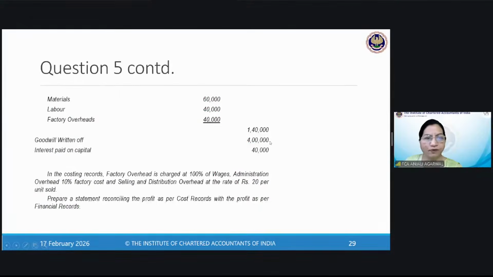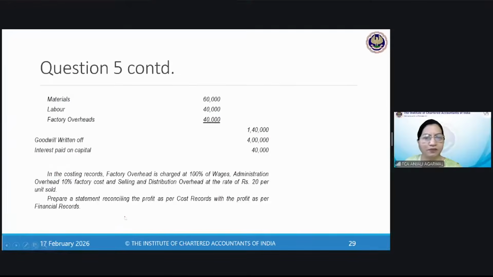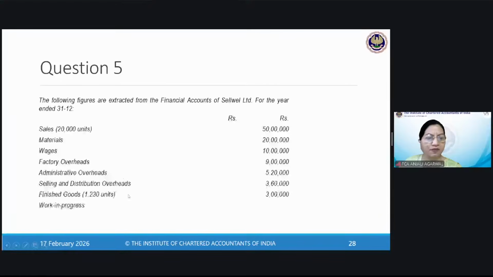Goodwill written off is 4 lakhs. Interest paid on capital is 40,000. So you have calculated your profit as per financial books. There is no other information related to financial records.